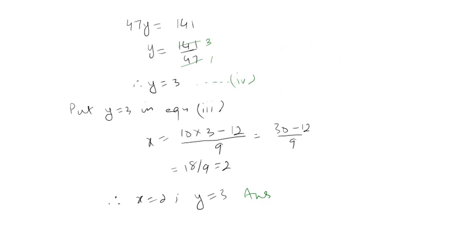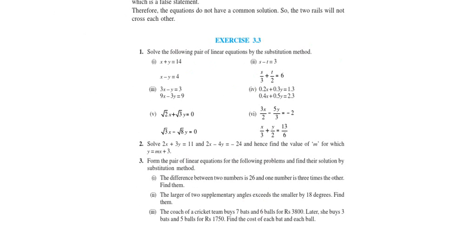Now next is the second question. I'll show you the second question here. Yes, this is the second question. Solve 2x plus 3y is equal to 11 and 2x minus 4y is equal to minus 24, and hence find the value of m for which m is this.